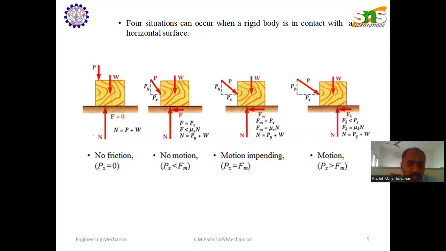When the applied force is less than the frictional force, the object will be at rest, with no motion. At impending motion, the condition is Fm equal to mu s into N, and the applied force is equal to the frictional force. For the last condition, when the object is in motion, the applied force is greater than the frictional force, with Fk equal to mu k into N.